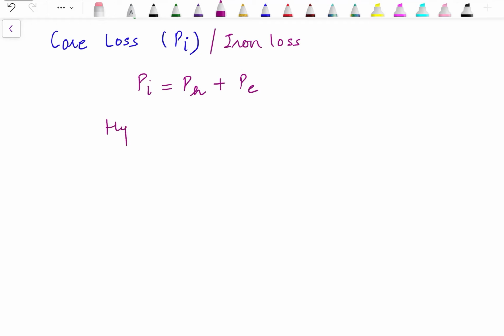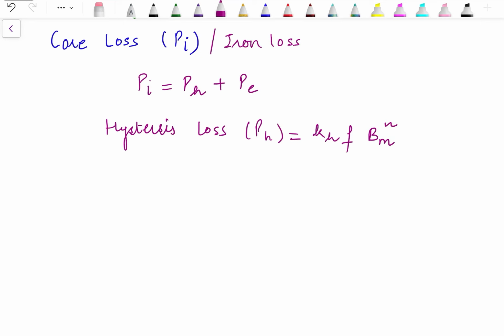The hysteresis loss is dependent upon the material which we use for the core, frequency and maximum flux density.